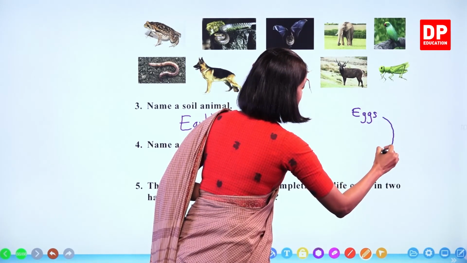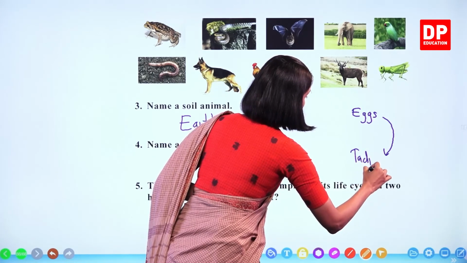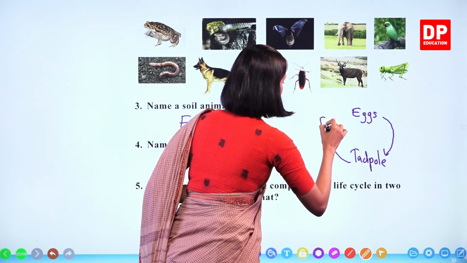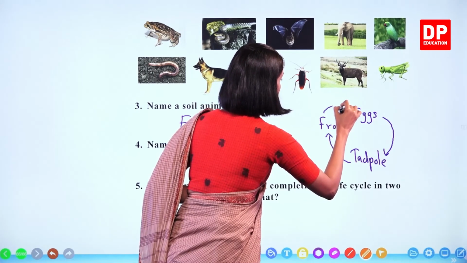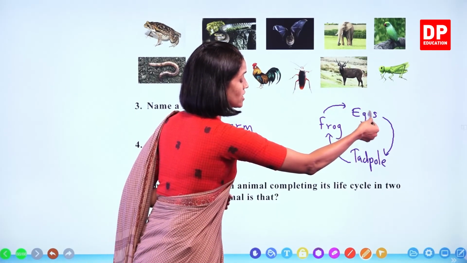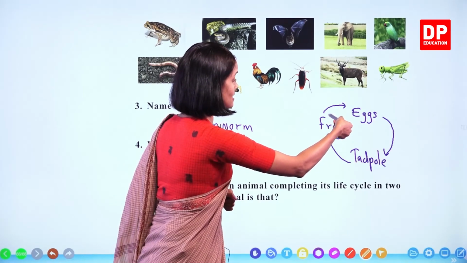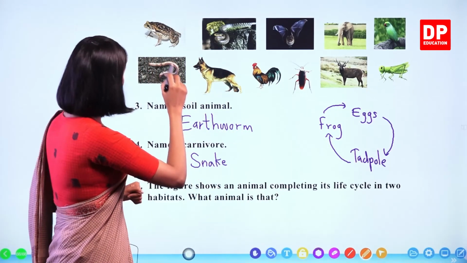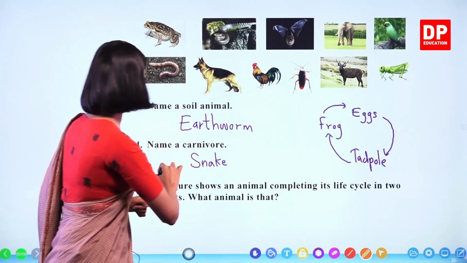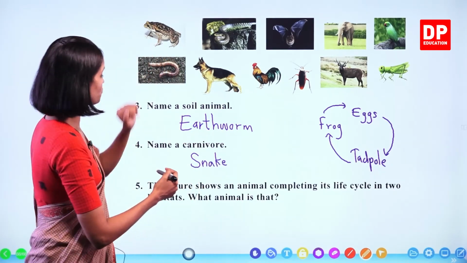So, from the eggs, a tadpole will come out. Tadpole. And then the adult frog. Okay. So the adult frog lays eggs in water. Tadpoles also live in water, but the adult frog lives on land. Therefore, frog. The figure shows an animal completing its life cycle in 2 habitats, in water and land. What animal is that? Frog.